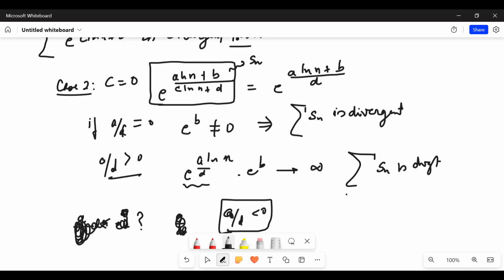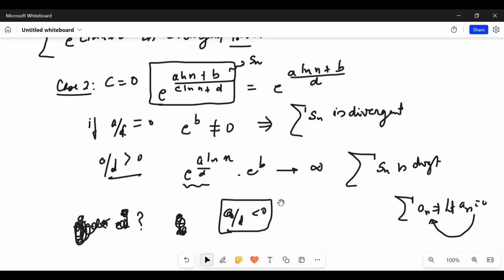However, don't take it this way. See, summation an is convergent implies limit an is 0. Limit an 0 does not imply that summation an is convergent. So now I'm taking the cases if A by D is less than 0.